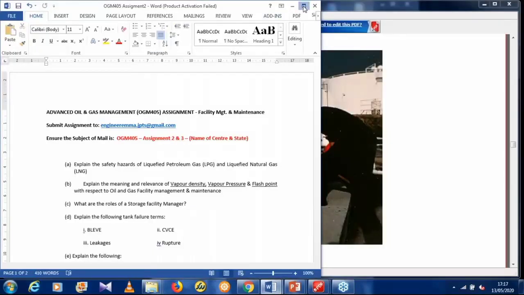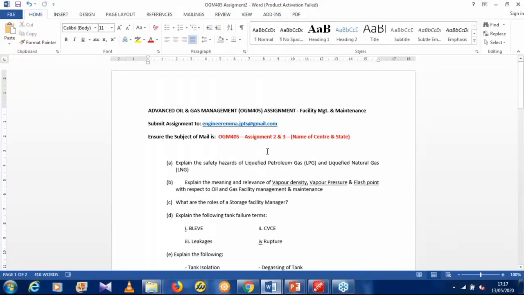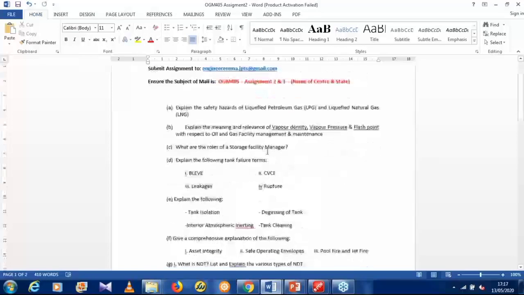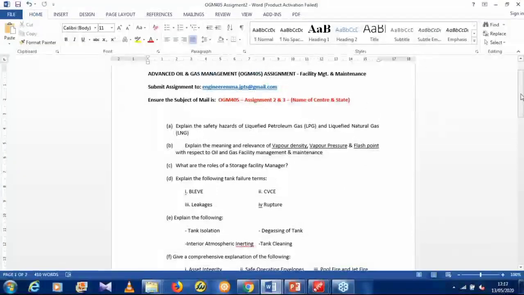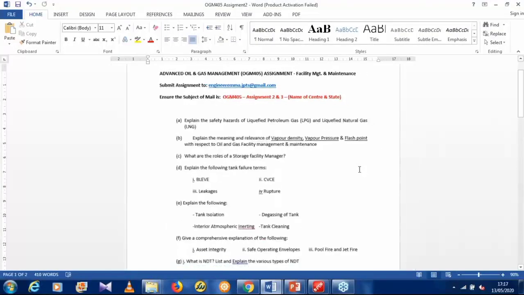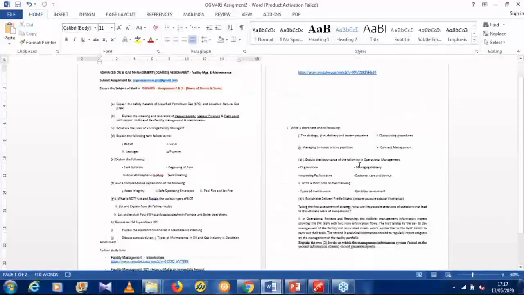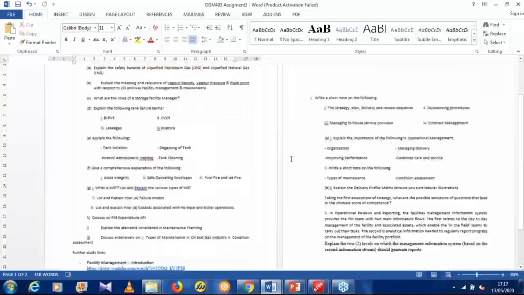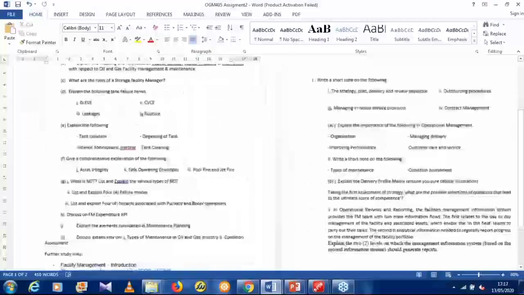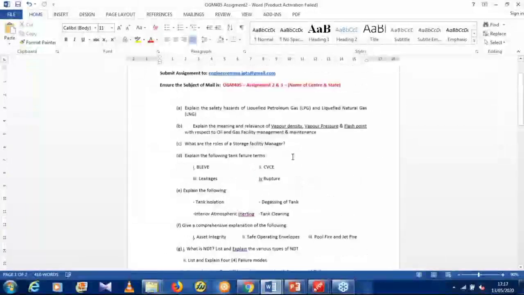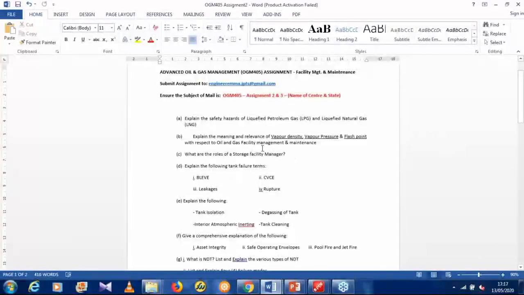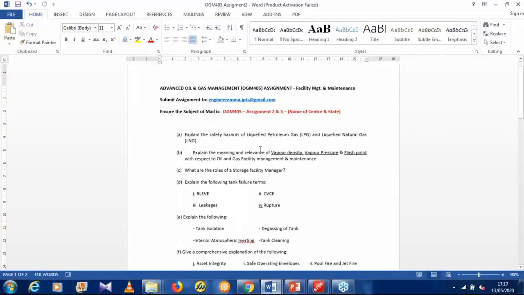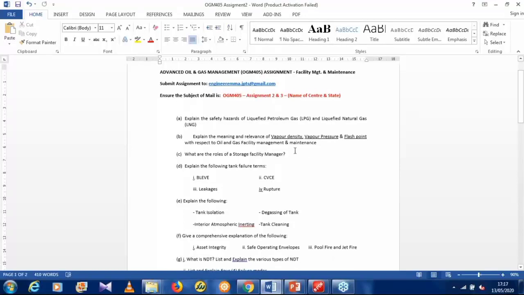I combine assignment 2 and 3. I'm combining these assignments for us. So please take a snapshot of this, then I'll scroll up again. You take the remaining snapshot. This is the first shot.